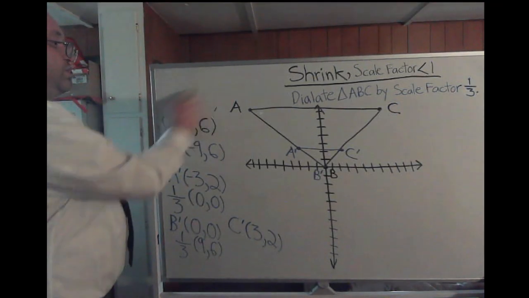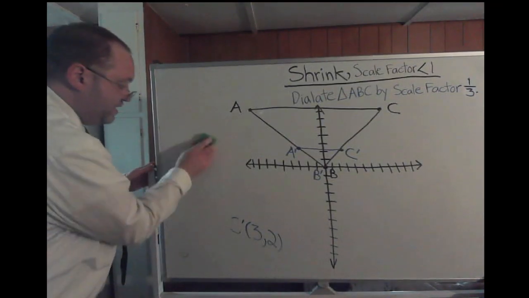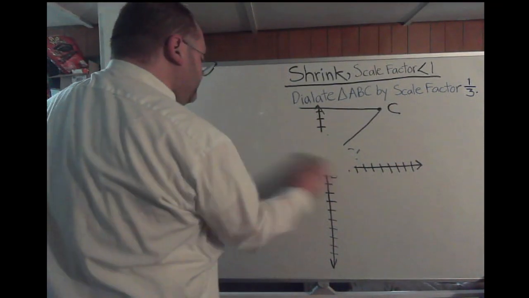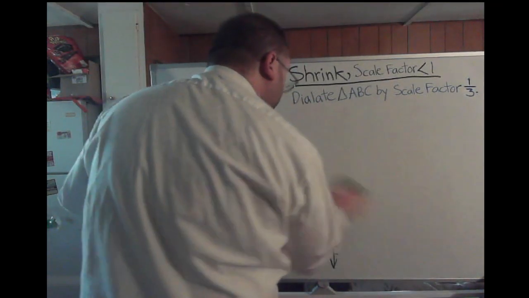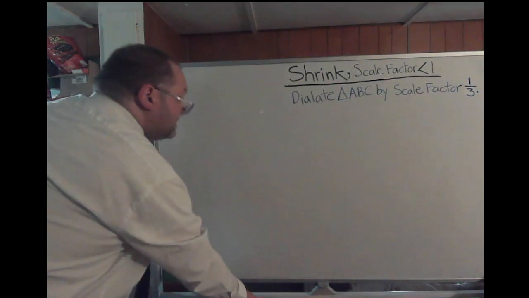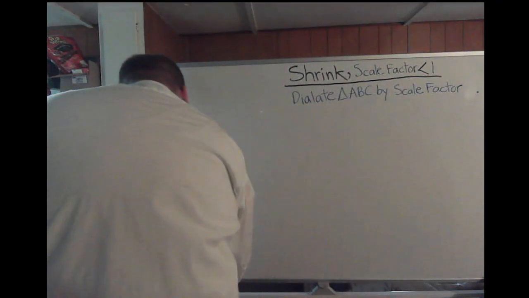And I'll do one more example here. Do one more example with a shrink, and then we'll be done with the lesson. All right. We'll make this scale factor 1/2.